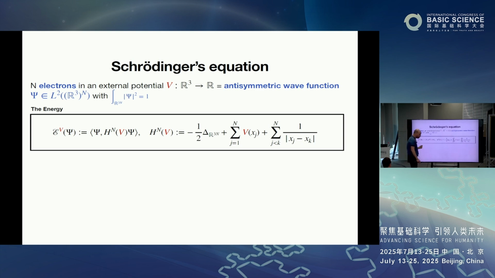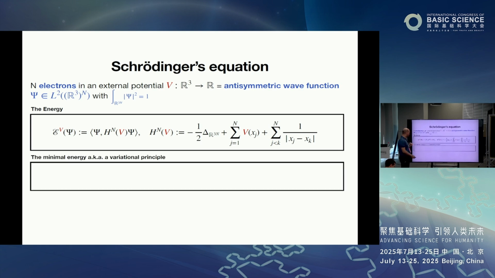And now you describe, from the theoretical point of view, the energy that I plotted before. You can minimize the variational principle, and this gives you the ground state energy. I write the ground state energy E as a function of the number of electrons N and the potential V. You just have to minimize over all the antisymmetric wave functions psi with L2 norm equal to 1.